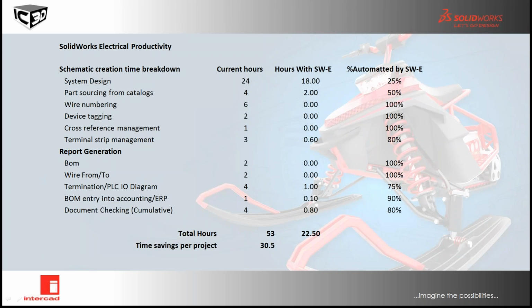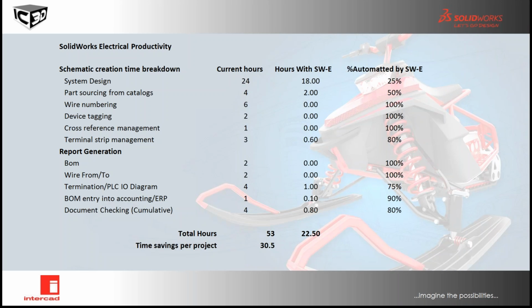Overall, we reckon it could save you about 30 hours per project if you're spending about 53, so it's a huge productivity gain in there, and there are some percentages as you can see for each and every individual task. These are the commonly used tasks that I used to spend a lot of time on.